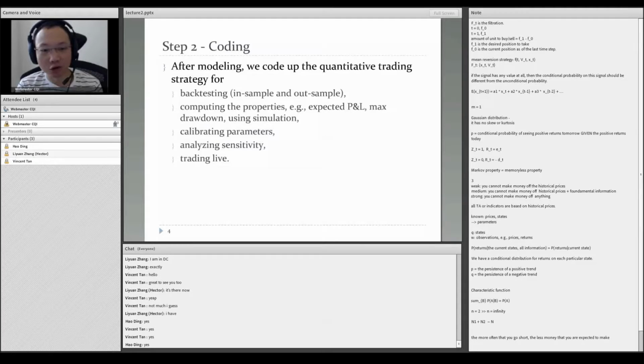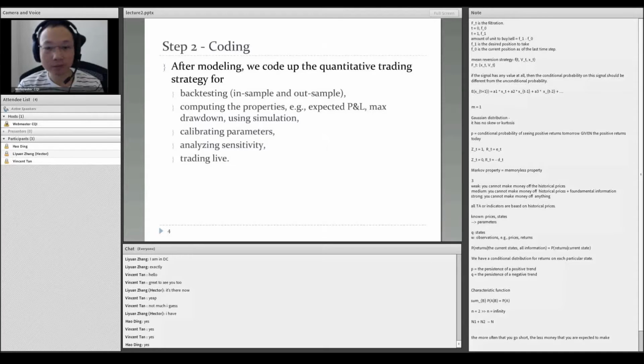So the idea is that you need to do sensitivity analysis to see how the strategy performs around the optimal parameters you have chosen, and see if you're landing on a plateau. If yes, then okay, you may be able to play the strategies. Otherwise, the strategy is too sensitive to the parameters chosen, so you may not be able to play it.